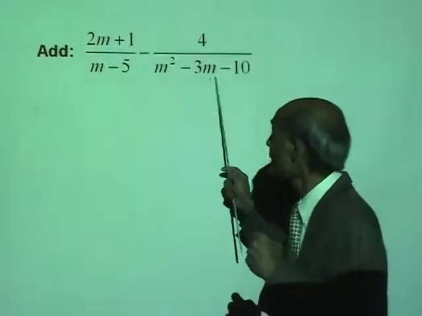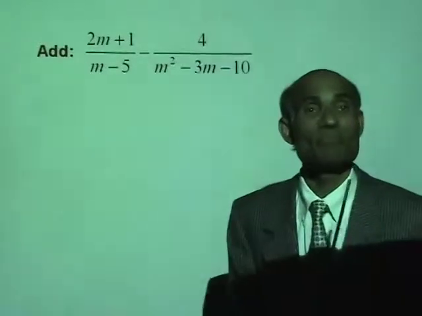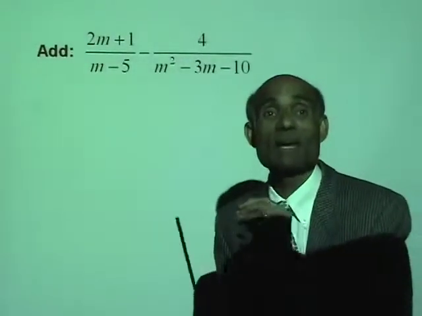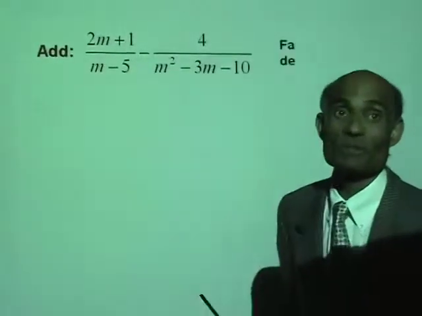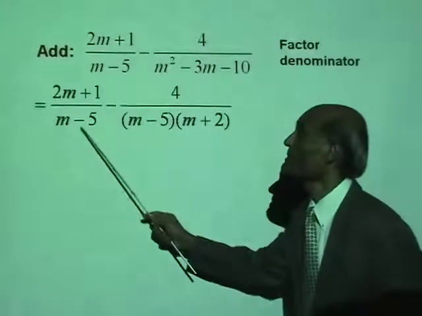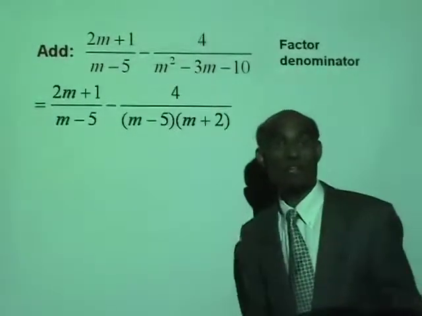And so what are the factors of m squared minus 3m minus 10? It is m minus 5 times m plus 2. Alright, factor the denominator. m minus 5 is the factor on the first denominator.